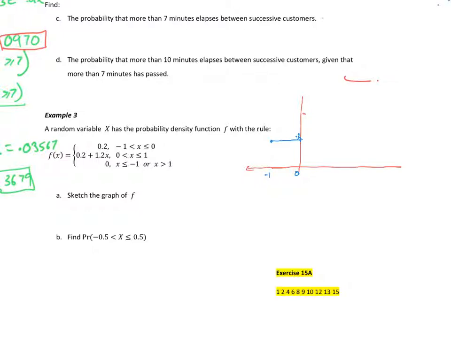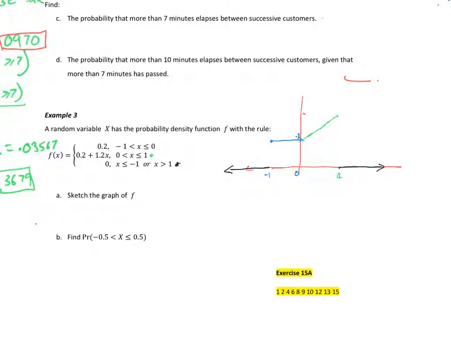And then we have a straight line given by 0.2 plus 1.2x between 0 and 1. So we'll call that 1 there. So it's going to look a bit like that. Then it says it's 0 everywhere else. So it's 0 back this way if x is less than -1, and it's 0 this way if x is greater than 1.